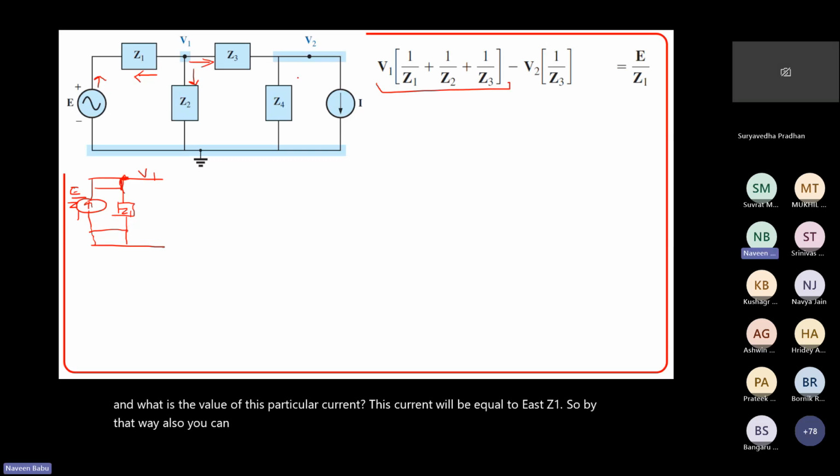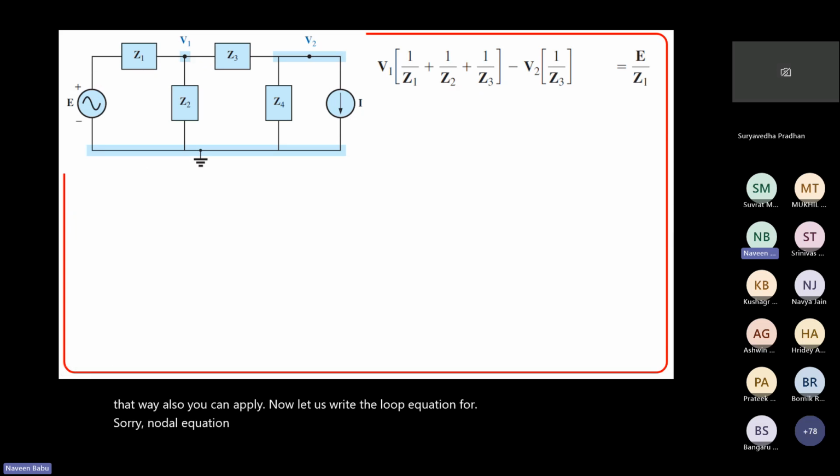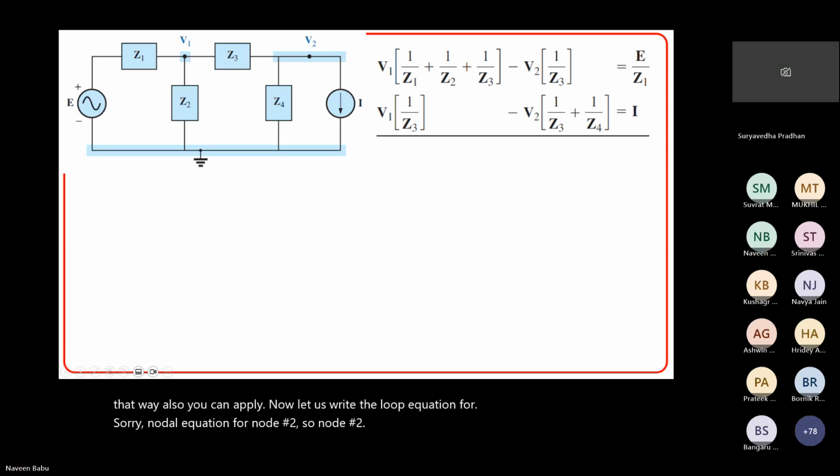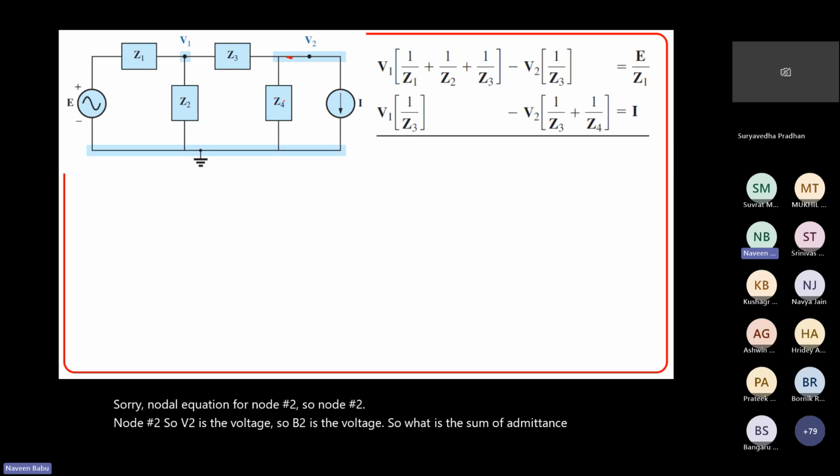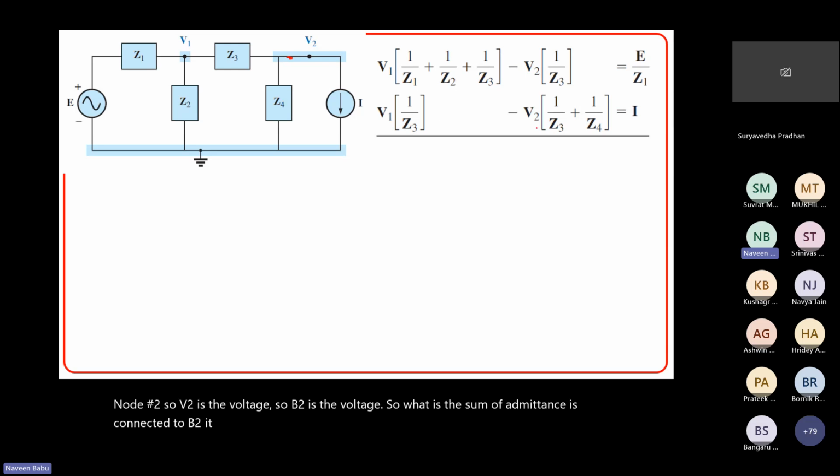Now let us write the nodal equation for node number 2. So V2 is the voltage. What is the sum of admittances connected to V2? It is 1 by Z3 plus 1 by Z4.